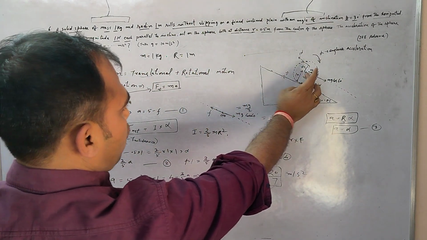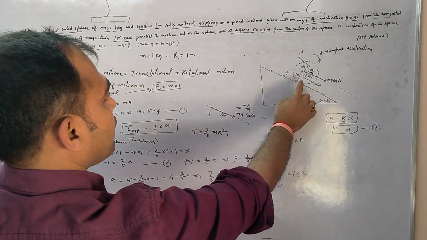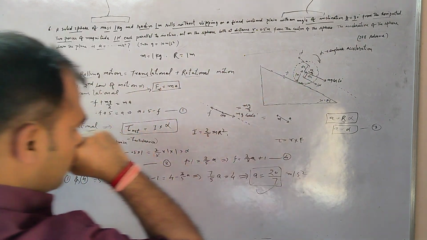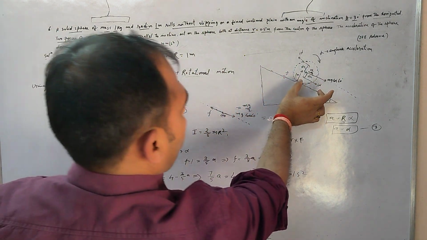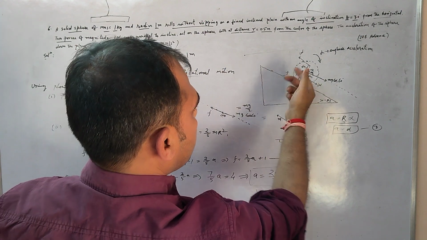So value of torque will be 1 into F, 1 into R. Here F1 is 1 Newton.